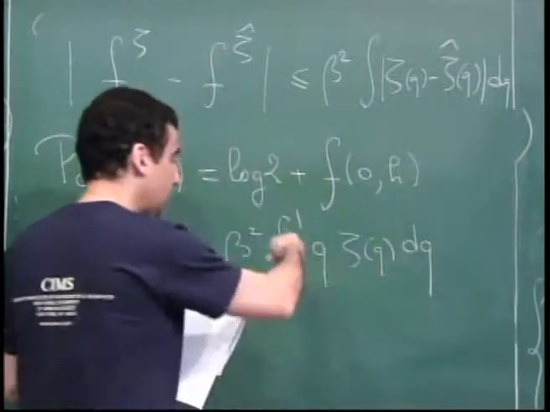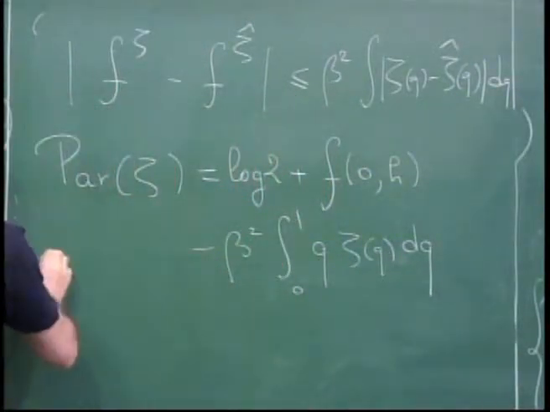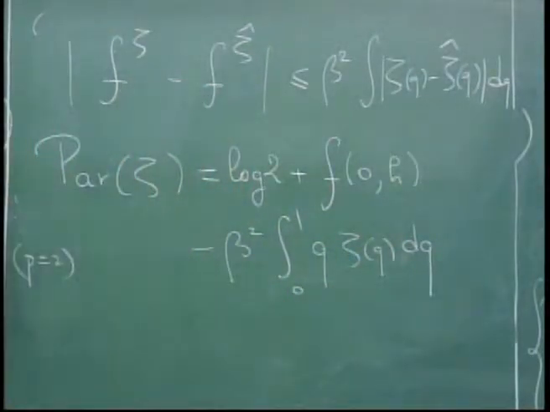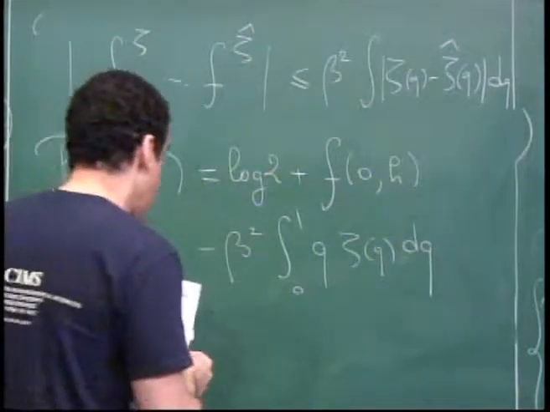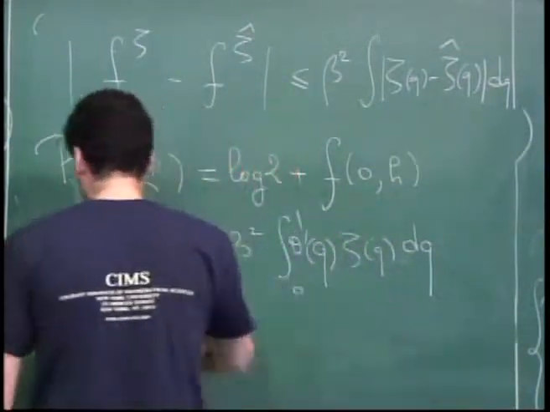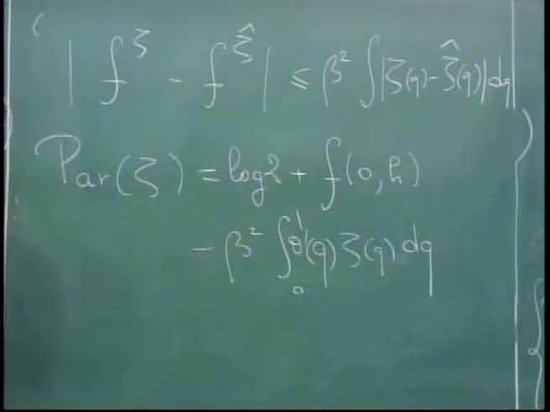This is specific to the case p equal 2, but here you would replace this by theta prime of zeta of q. Okay, let me write it in the general form. In the general form, that would be this.